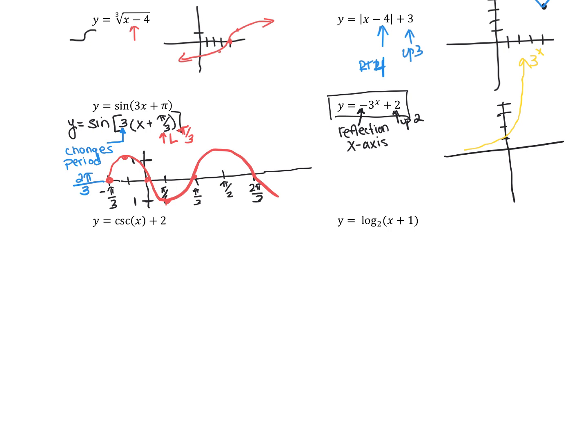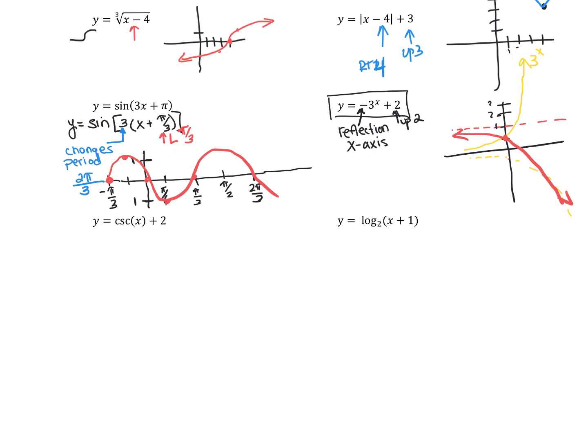The reflection is going to look like this. And then we're going to shift it up 2 units. And then this point here is going to be here. Our asymptote is going to be at 2. And it's going to look something like this. Just a sketch, okay? So we've got 1, 2, 3.